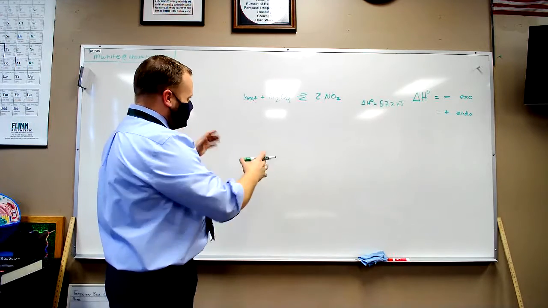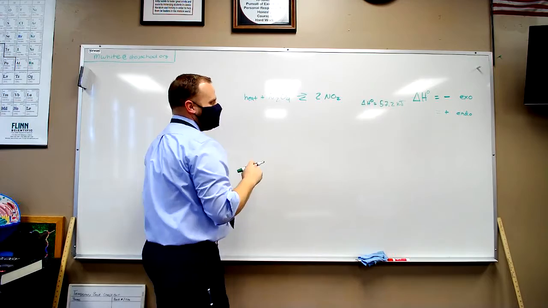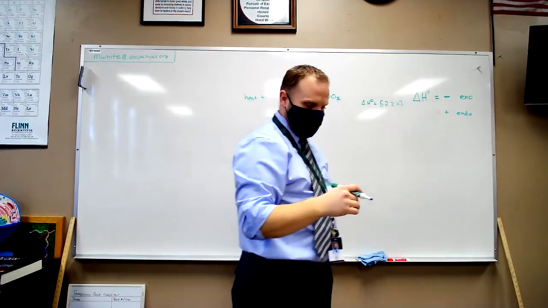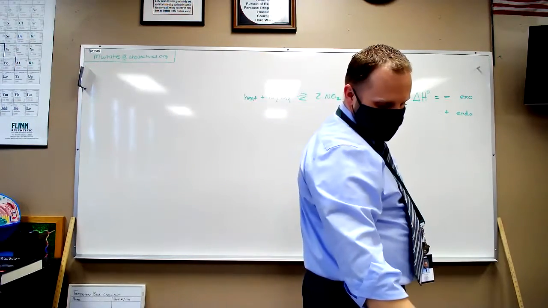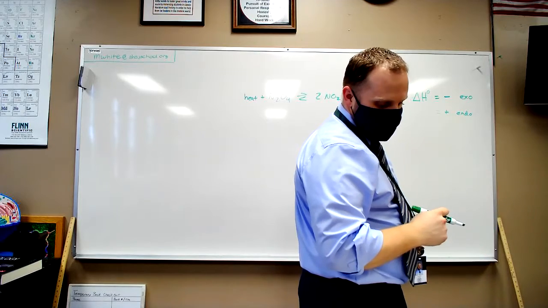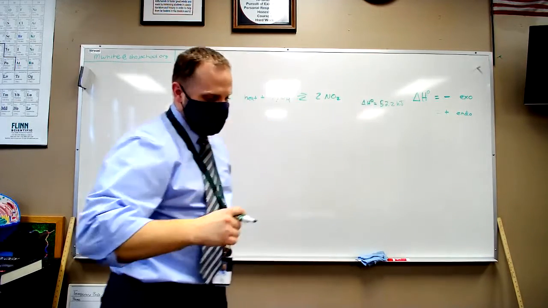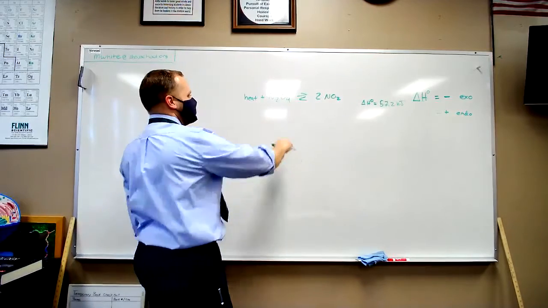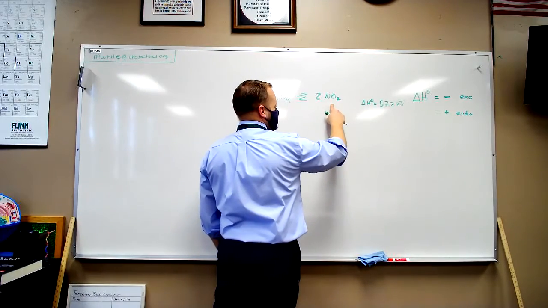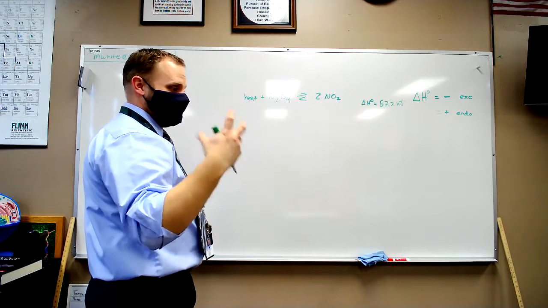So if we add more heat, it's going to drive it that direction. You can see that in the picture. We've got that container that's holding this gas, and we put it in warm water. That drives it over here, and you can see that the container is a nice dark reddish brown.